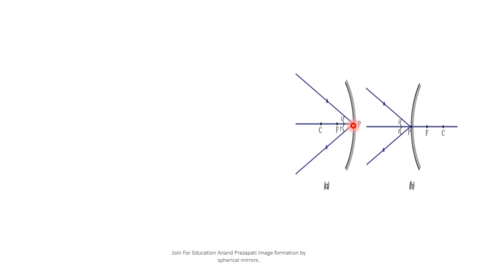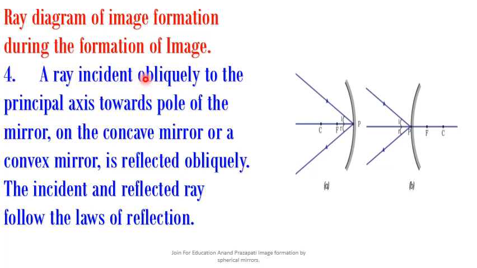During image formation, at least two reflected rays intersect at a certain point, and this point gives the position of the image of an object placed in front of the concave mirror or convex mirror. A ray incident obliquely on the pole of a concave or convex mirror is reflected obliquely.